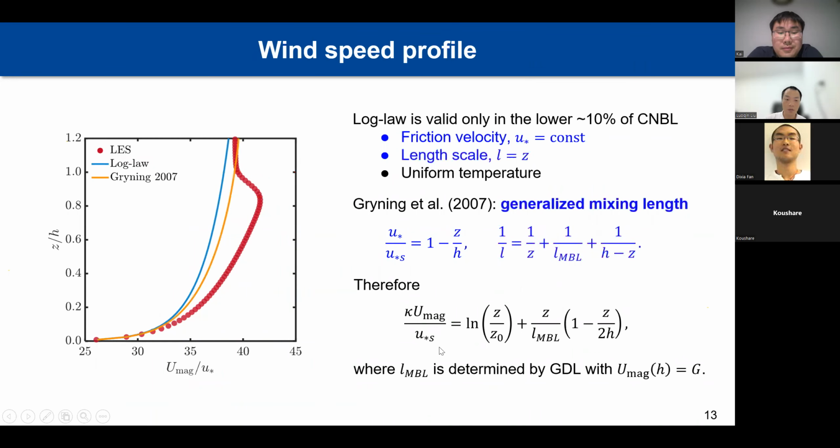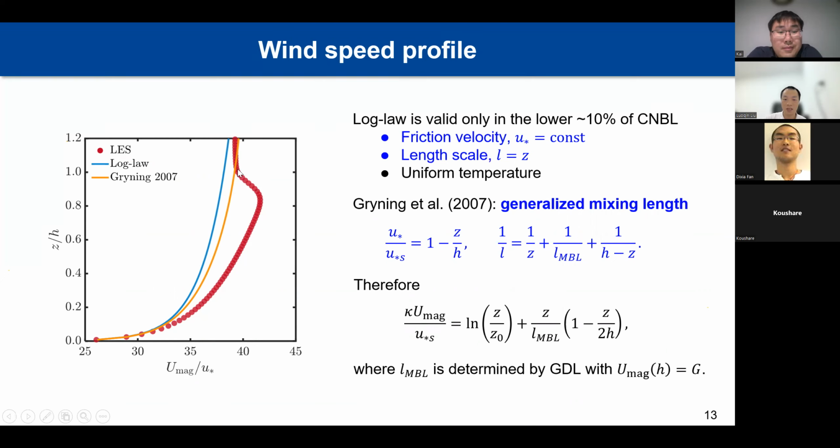And here is the performance of the Gryning model. Compared to the log law, its performance is better. However, it still does not capture the profile of the wind speed well, especially this shape.